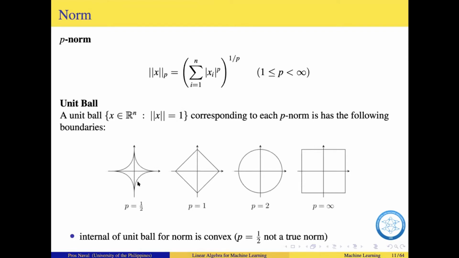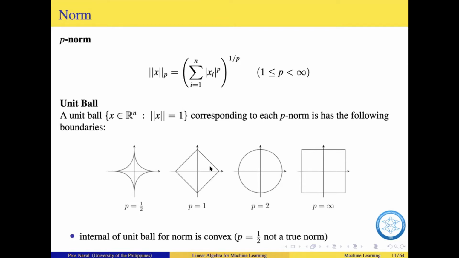What about the case when P is equal to 1/2? Here, you observe that all the other unit balls are convex, meaning the interior of each unit ball is convex.